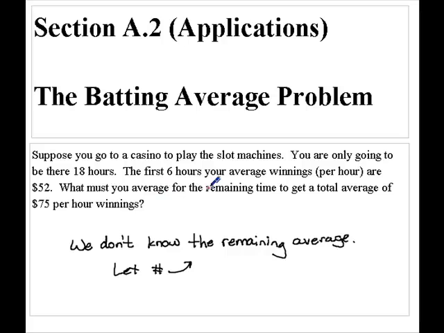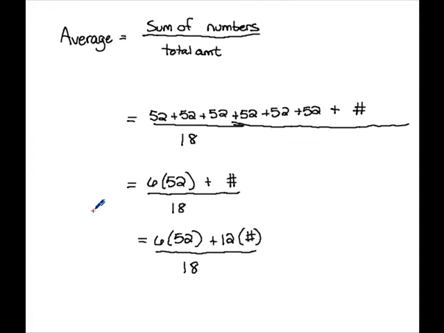But I do know that after everything's said and done, I want the total average to be $75 per hour. So I want this total average right here to equal $75 per hour. Could you solve this? I mean, really, how many unknowns are there here? Just that one.